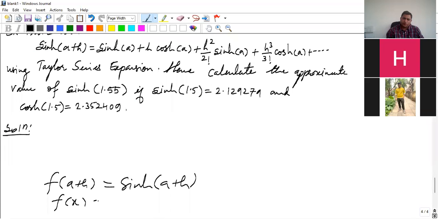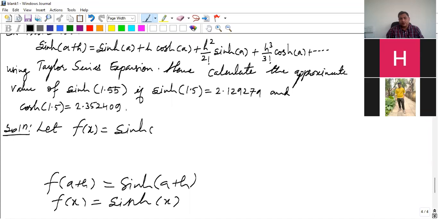So what will be f of x? It is going to be sine hyperbolic x. Let f of x be equal to sine hyperbolic x.